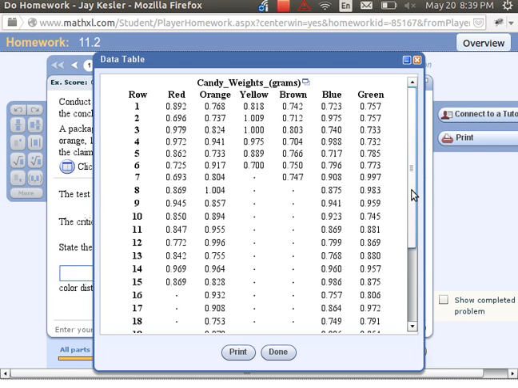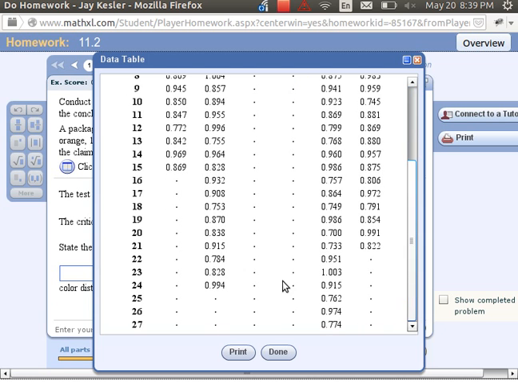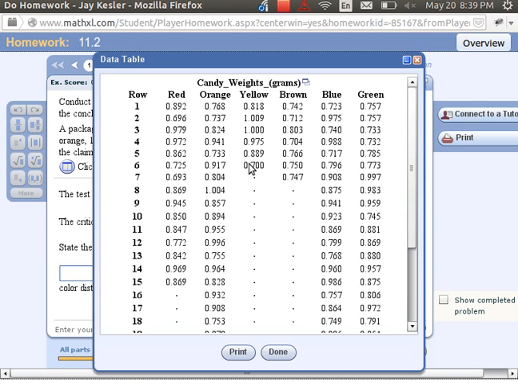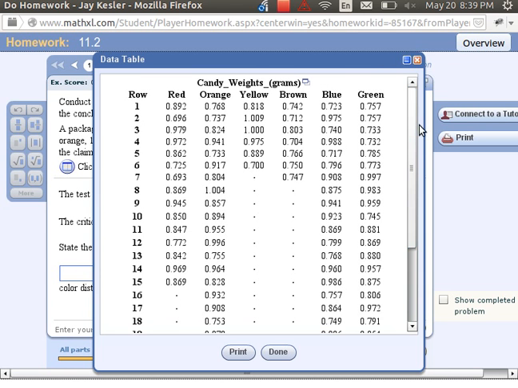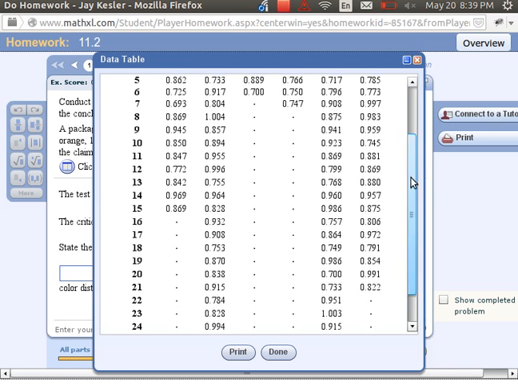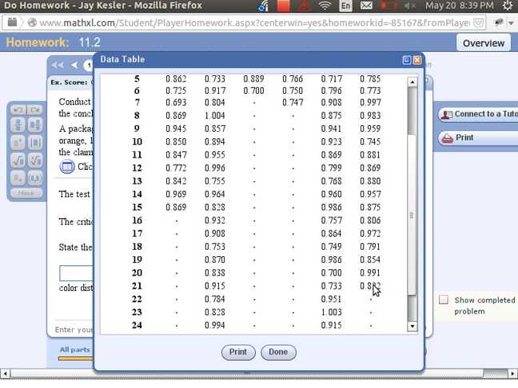Scroll down to get the number of oranges, there were 24 oranges. There are 6 yellows, 7 browns, 27 blues, and looks like 21 greens. So ignore all the weights that are given in the columns. Just look at how many there were for this problem.